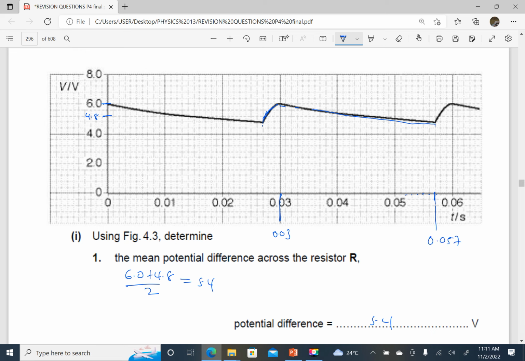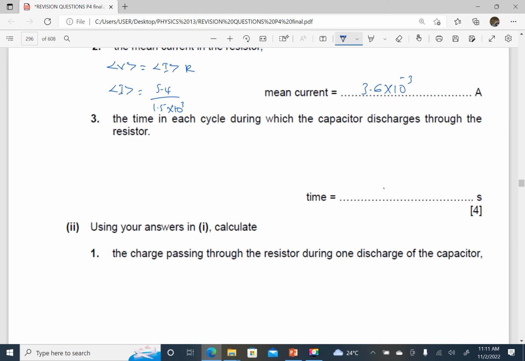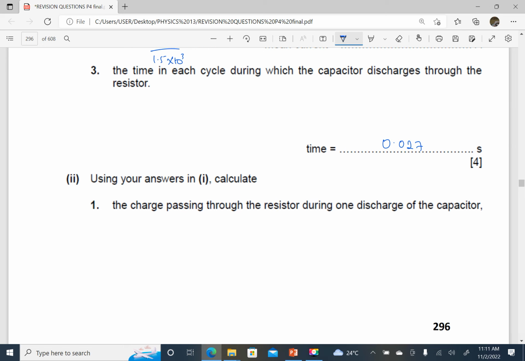So the time interval is 0.057 minus 0.03, which is 0.027. So the time for discharge is 0.027 seconds.